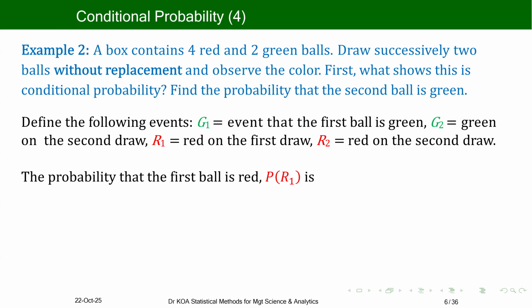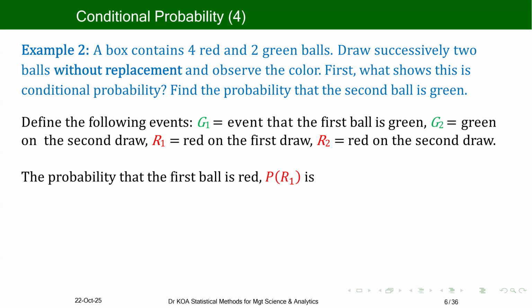If you take the first ball out and don't put it back, the subsequent draws will not be the same as the previous draw. You mean it will affect the probability? Yes. Why? What has happened in the box? Because the sample space has reduced. Good. The content has changed. That's the first good point today.